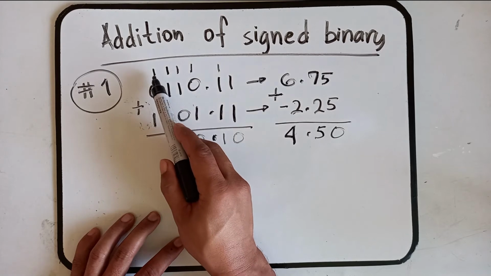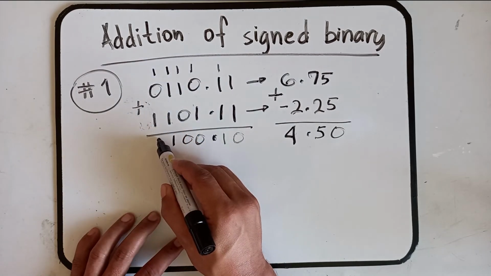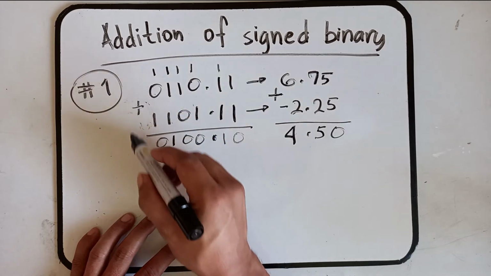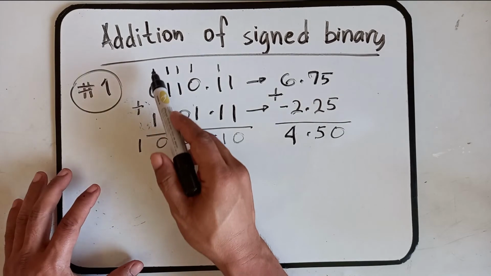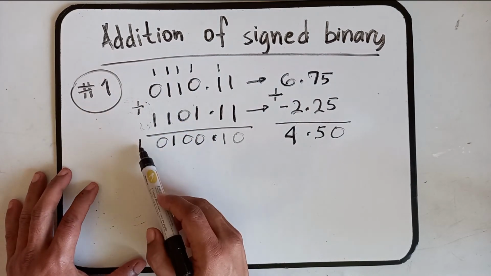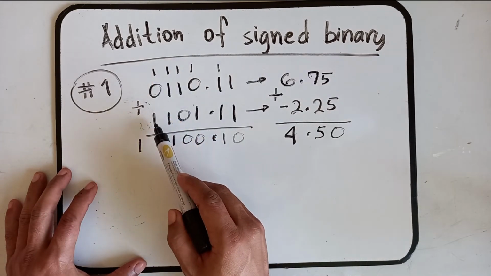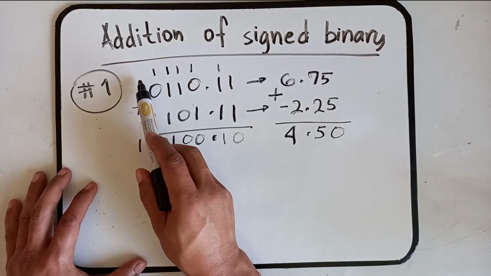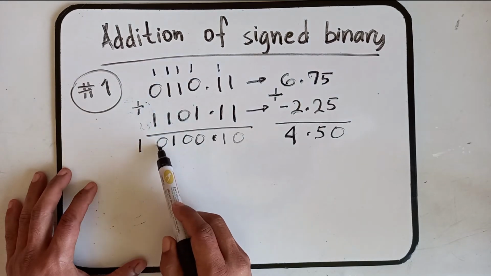And then 1 plus 0 plus 1, this is 0, carry 1. We don't have any numbers on the left side, so we just drop the carry bit, which is 1, next to the 0.